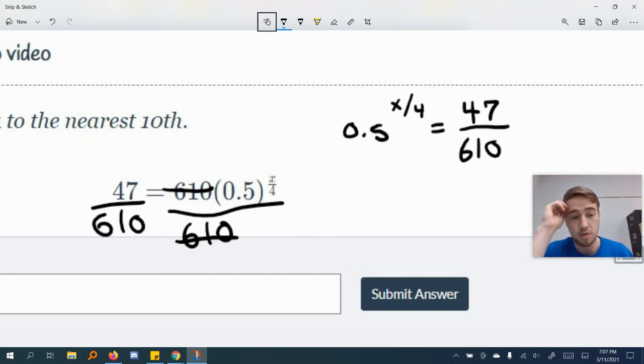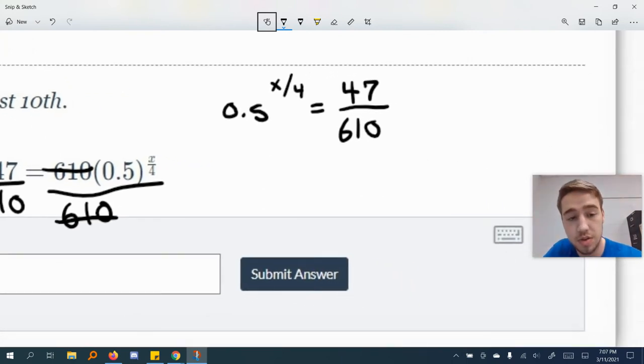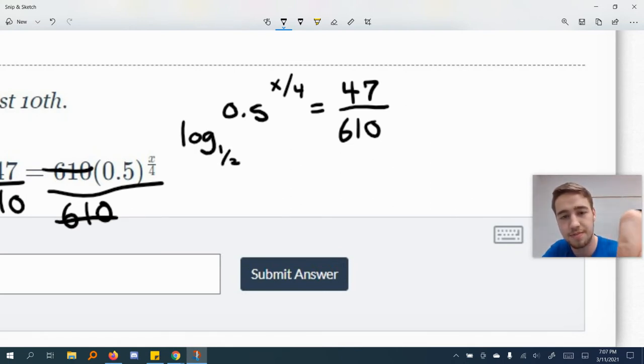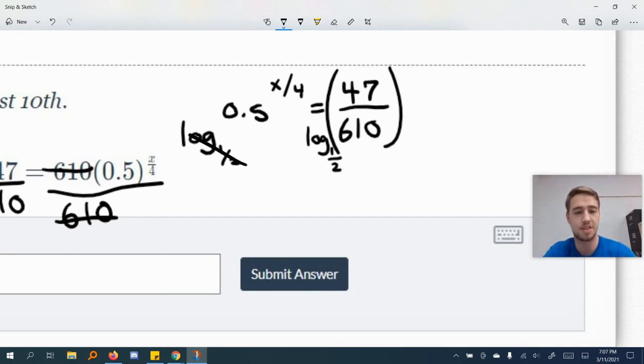Now let's see what we can do to simplify that a little bit. We're going to need to take the log base 1/2 of both sides. So log base 1/2, because 0.5 is 1/2. Log base 1/2 over here as well. And we know that this will cancel with that, so we've got x over 4 equals that nonsense.